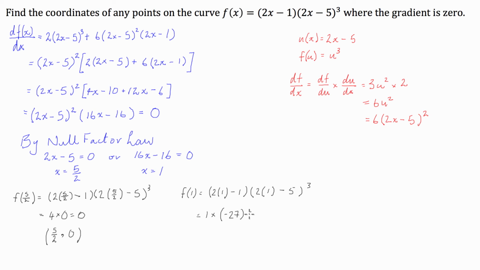And 1 times negative 27 is negative 27. So our second point then is 1, comma, negative 27. So this point and this point are points on the original function where the gradient is equal to 0.